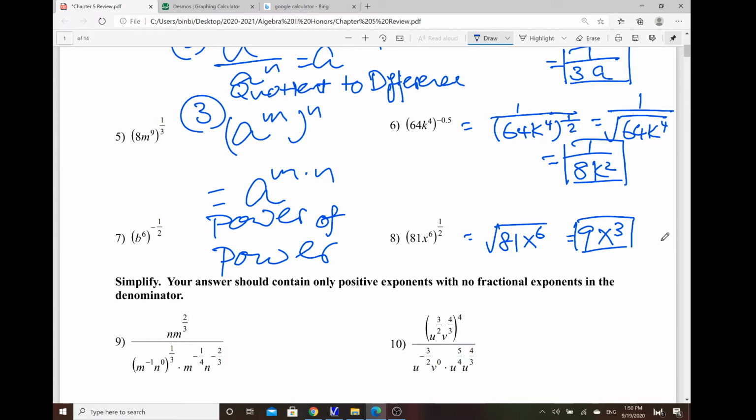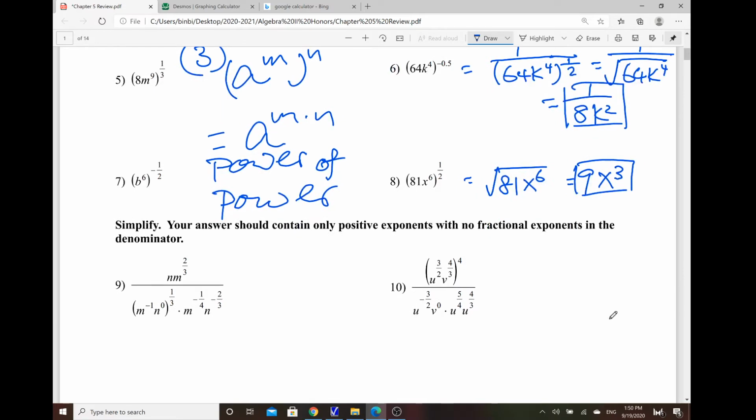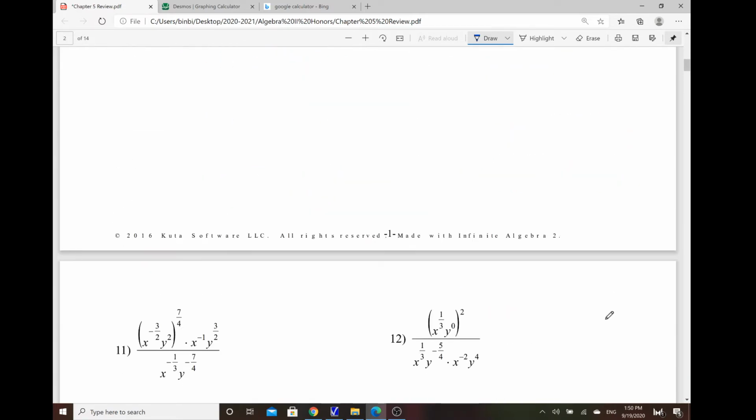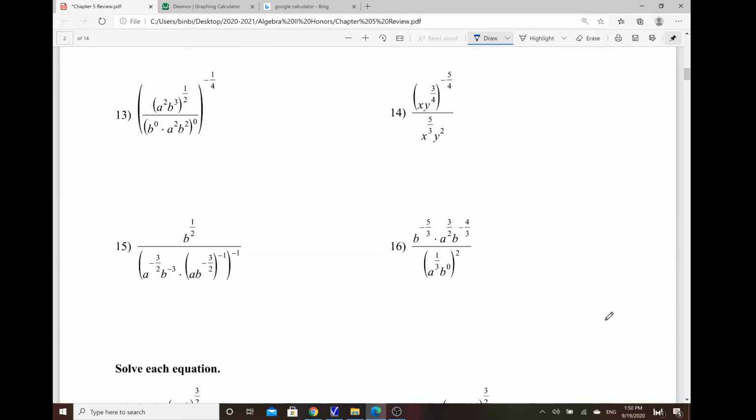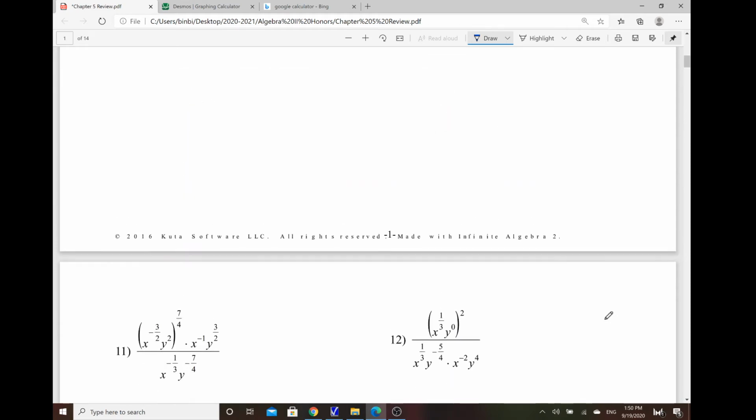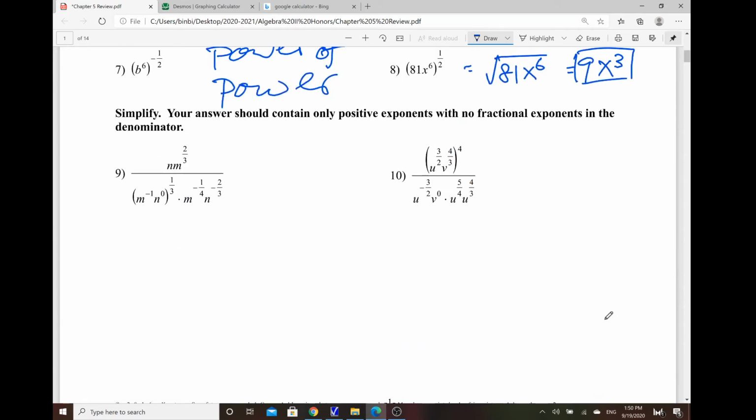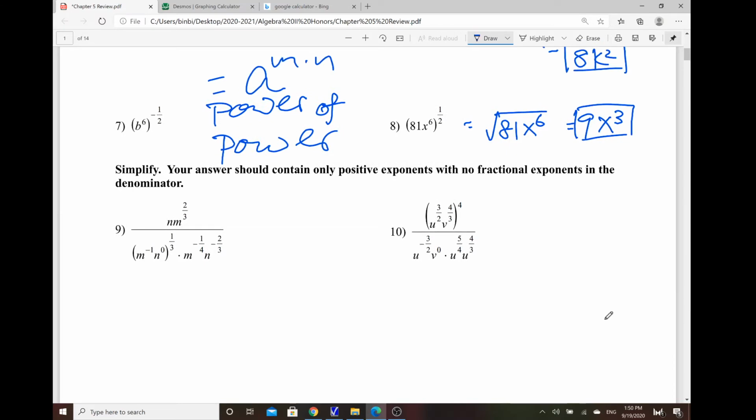So now, what about something that's getting a little bit more complicated? So like number 10, 12, 14, and 16. So now to look at the following problems. To simplify, your answer should contain only positive exponents with no fractional exponent in the denominator.